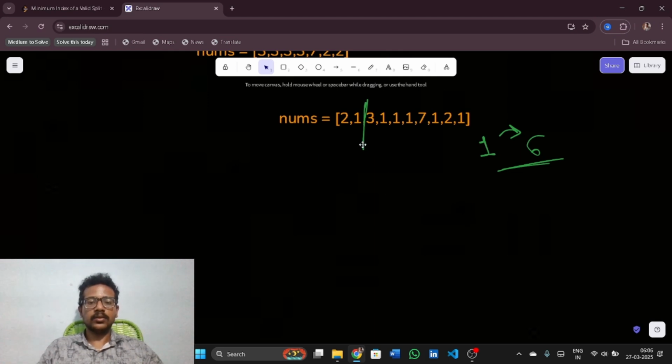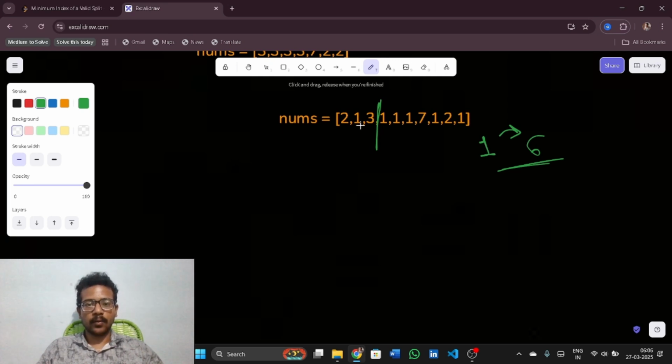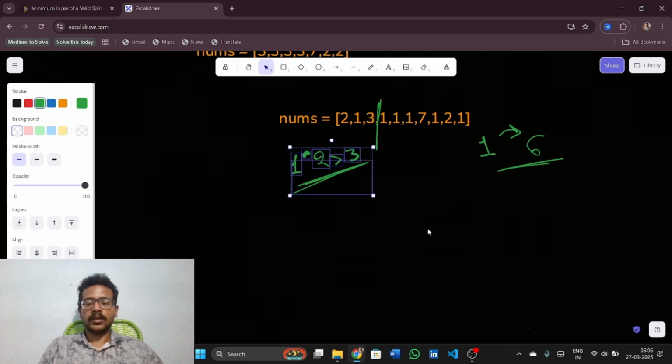So let me go through the next element. Till now I have 1 for only one time. So 1 into 2 should be greater than 3. Is it so? If this is not satisfied, then we need to skip this part. Now let me go through another split.